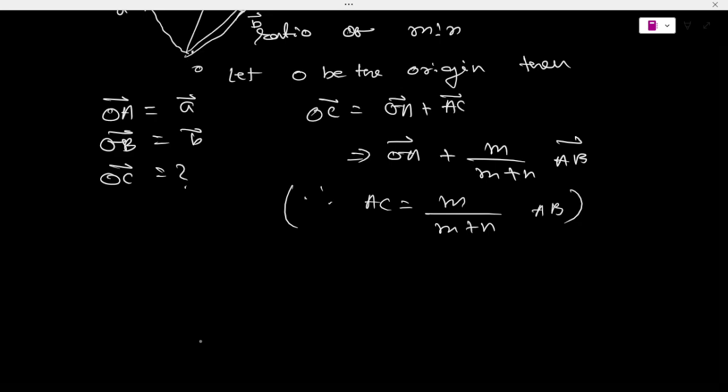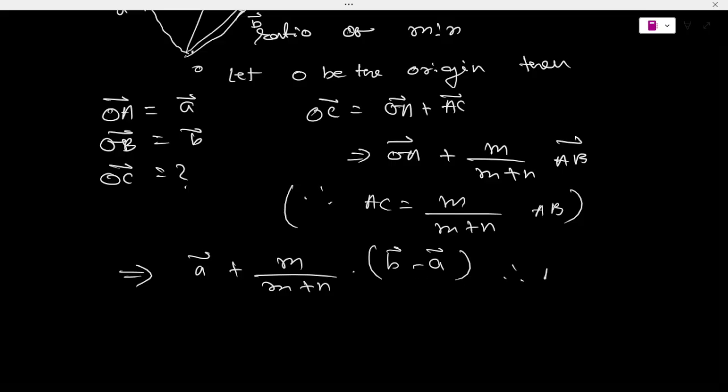That's the main reason. And after that, A vector plus M divided by M plus N into B vector minus A vector, since AB vector is equal to B vector minus A vector.